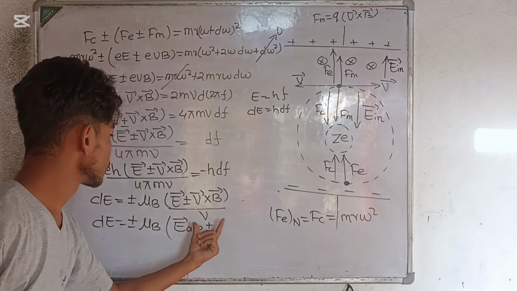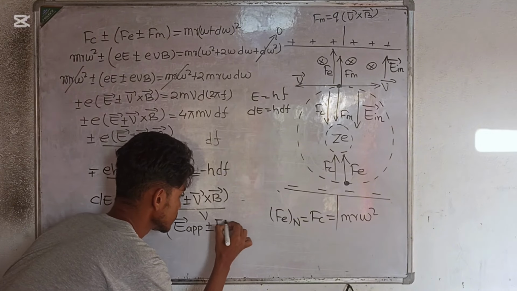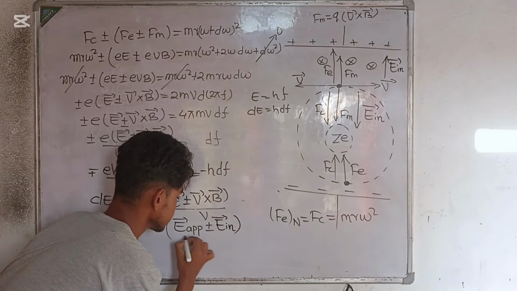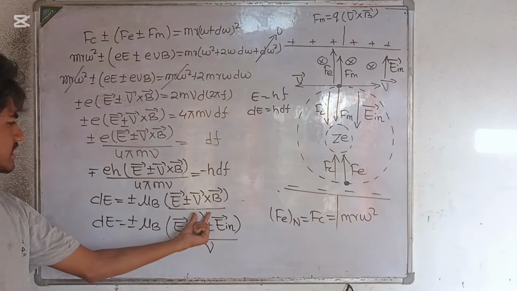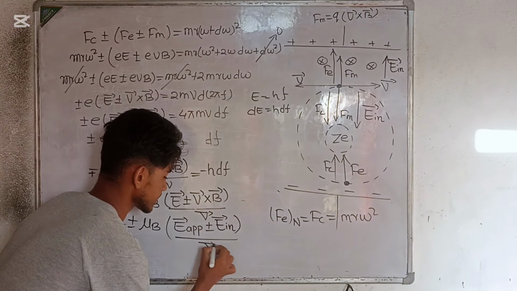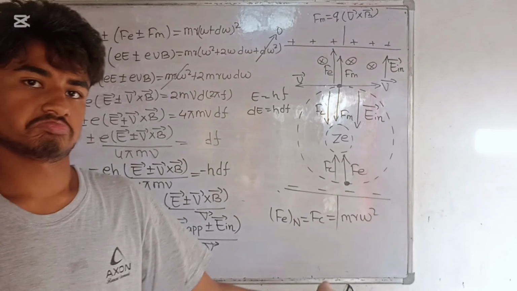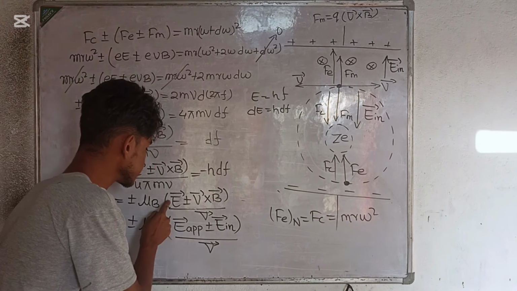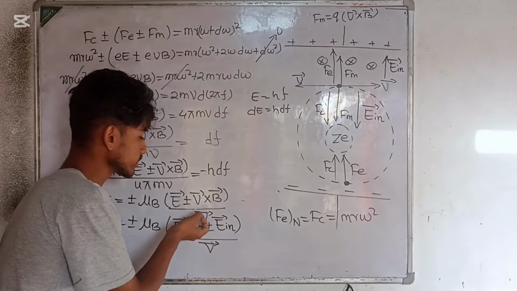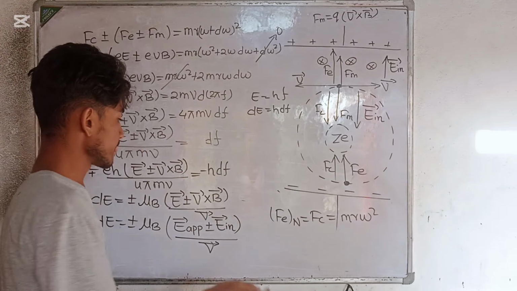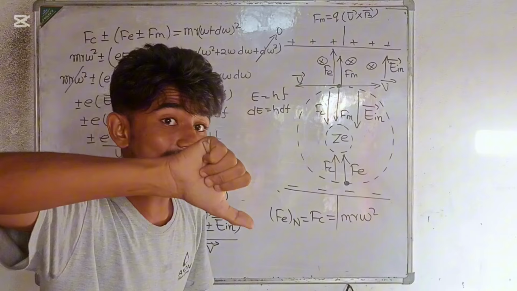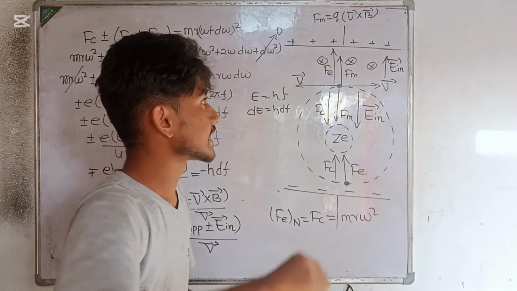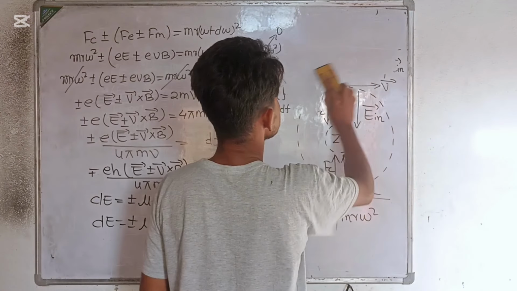So the induced EMF could be in the plus or minus direction. So E induced vector by v. This is also a velocity, I can write it as v vector. It doesn't make any difficulty in our calculation. If you get my point, if this is an apple adding or subtracting with something, that must also be an apple. So v cross B induces an electric field within that atom, right?